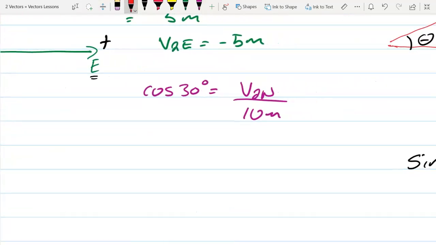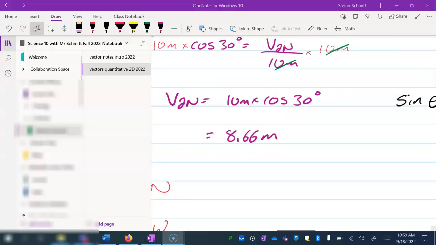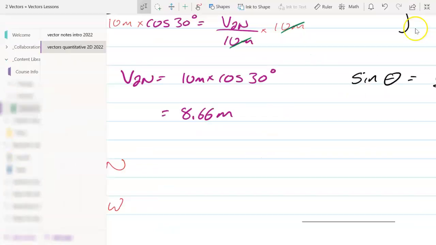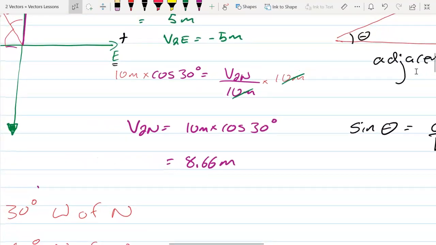And we could solve for V2 north like this. Cancel. We'll get V2 north equals 10 meters times the cosine of 30 degrees, which equals 8.66 meters.